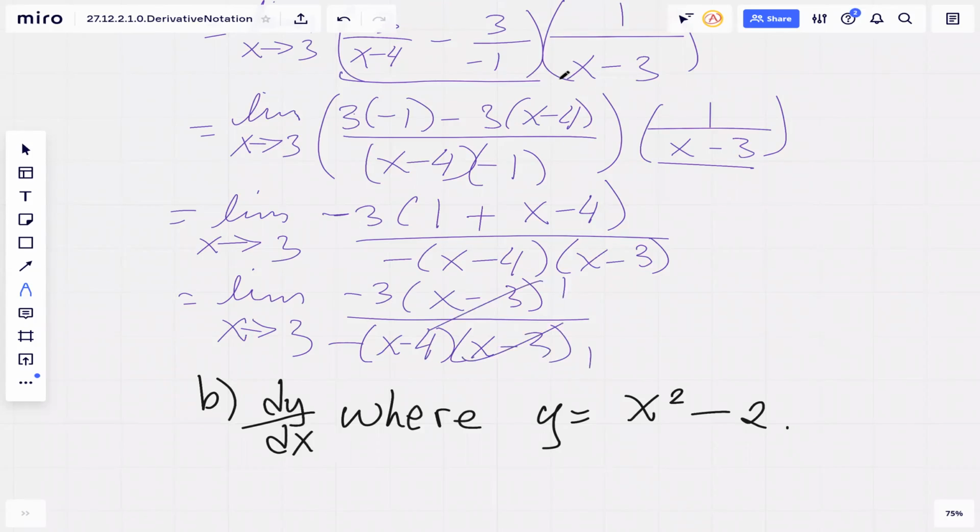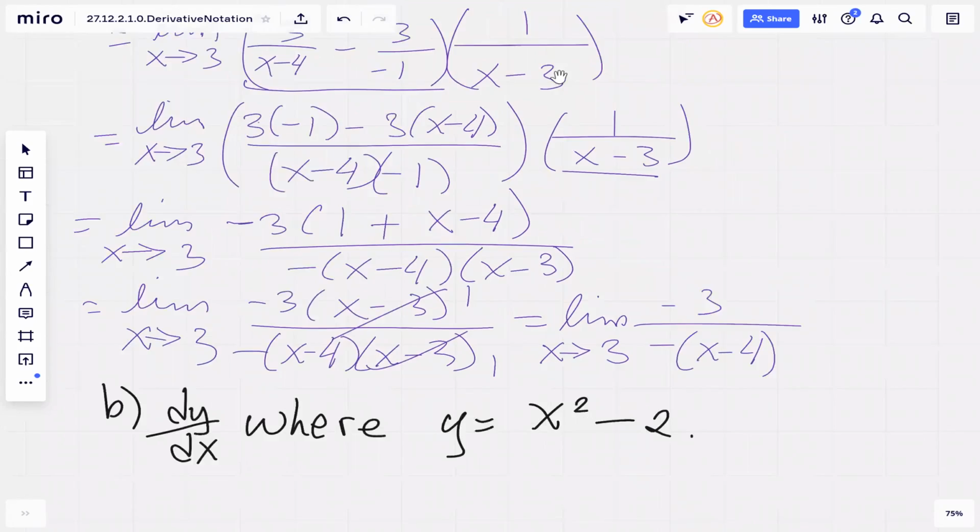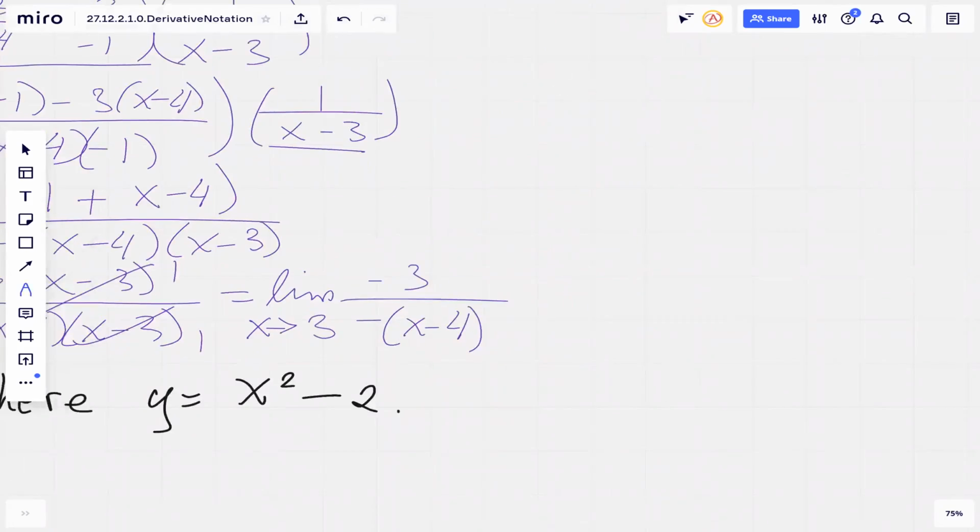We're left with the limit as x approaches 3 of negative 3 over negative x minus 4. Let's do the final substitution. Cancelling the negatives, we have 3 over 3 minus 4, which equals negative 3. So that's the derivative of our function at the point 3.